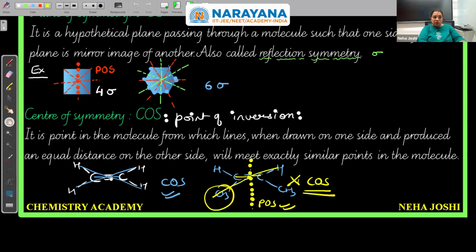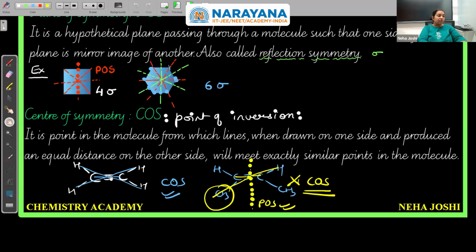So you have a hypothetical point within a molecule such that if you draw infinite possible straight lines through that point, then after traveling equal distances in opposite directions, for each line this condition has to be valid: you get identical atoms in the opposite direction of the line.